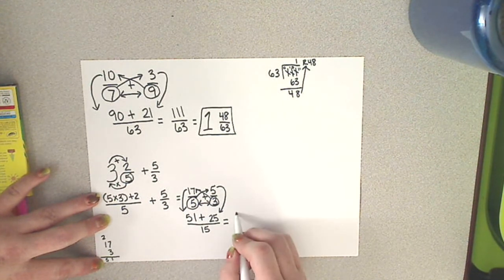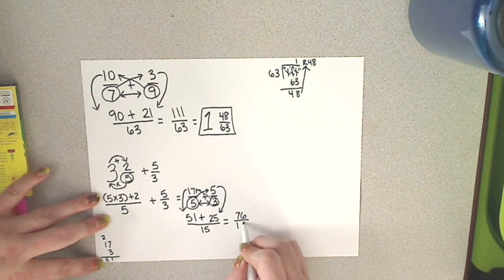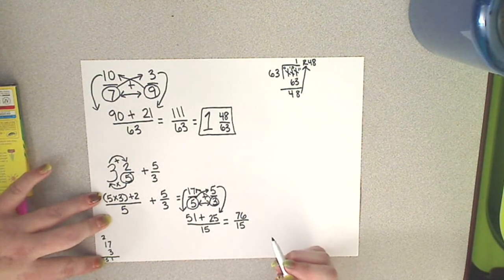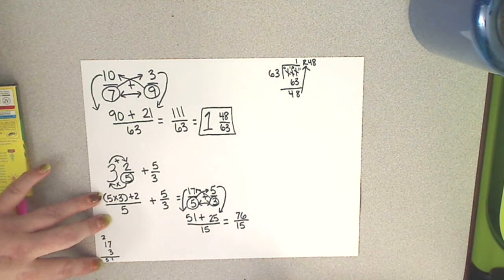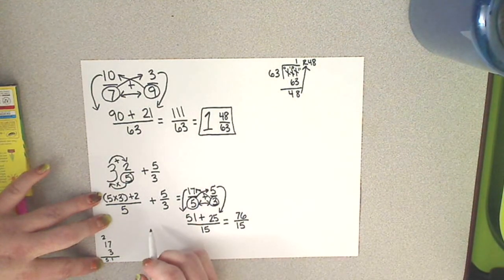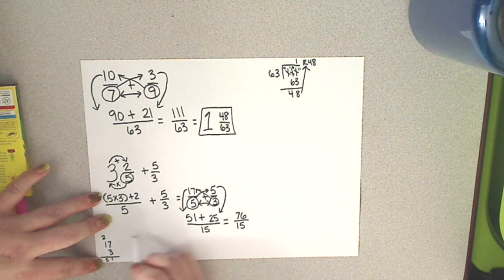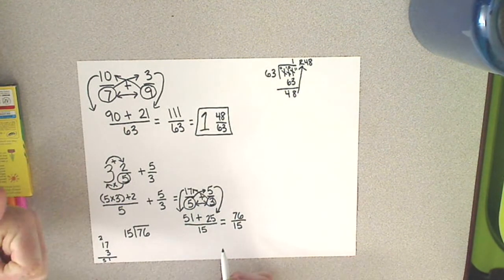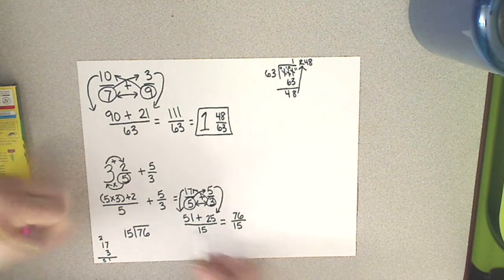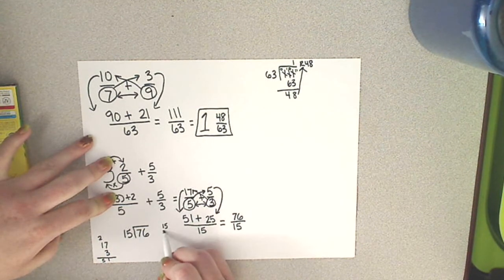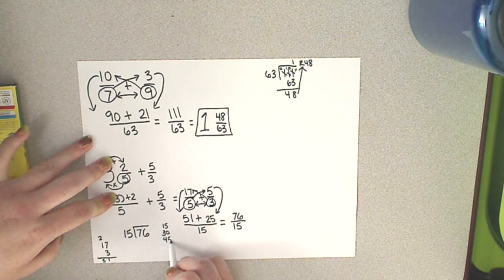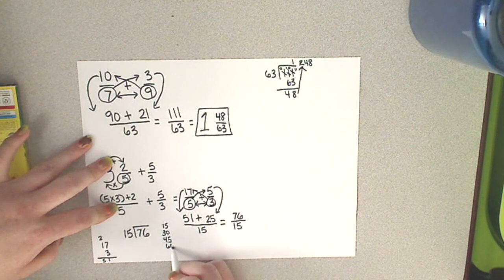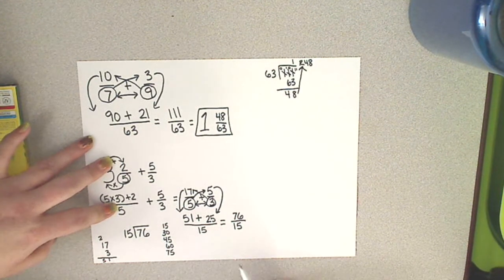71, 76 over 15. I'm going to go ahead and divide 76 by 15 and start converting it into that mixed number. 15 times 1 is 15. 15 times 2 is 30, times 3 is 45, times 4 is 60, times 5 is 75.